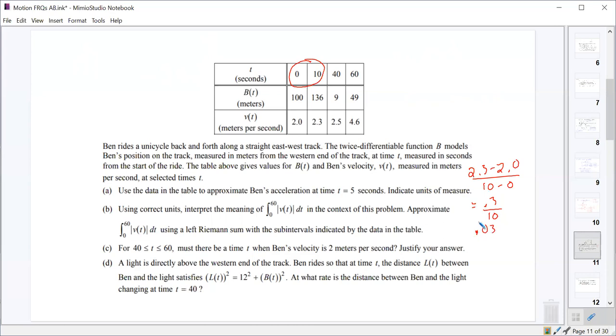And our units, because it says indicate units of measure, velocity was meters per second, so this ought to be meters per second squared. Good?